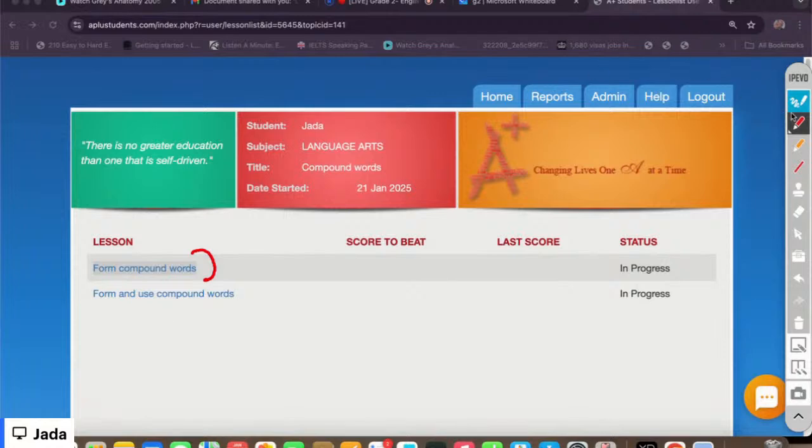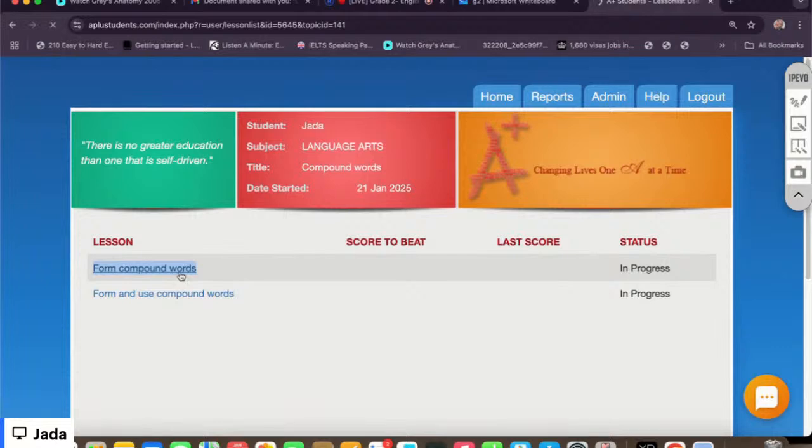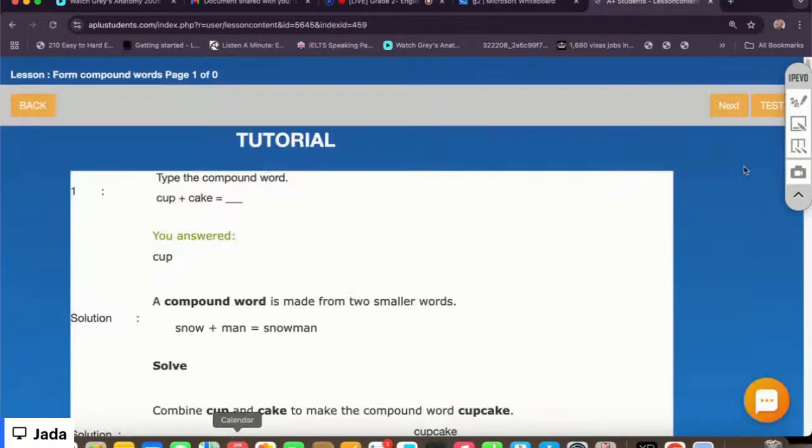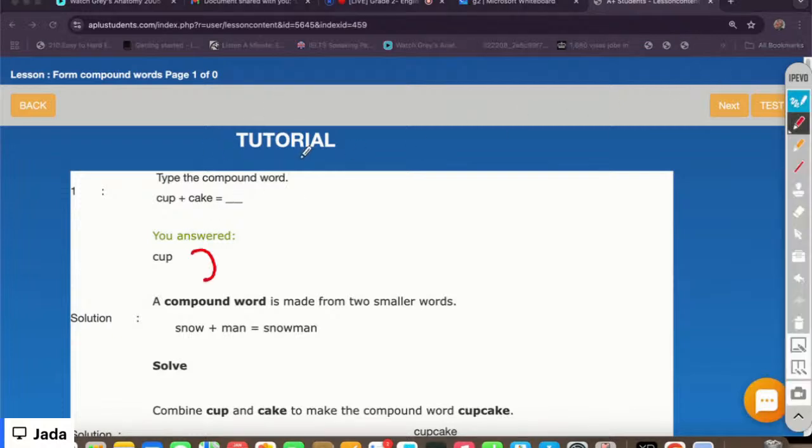Okay, so we'll move on to the lesson. This one here. We have the cupcake. We did that as part of our examples. Cupcake is the compound word there.